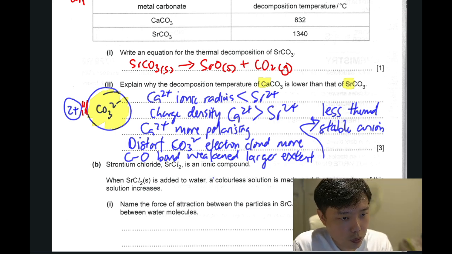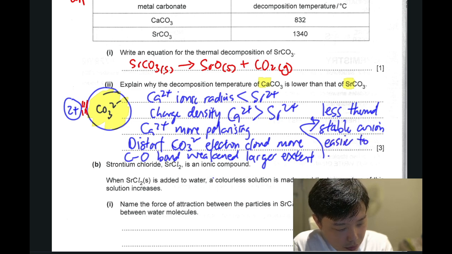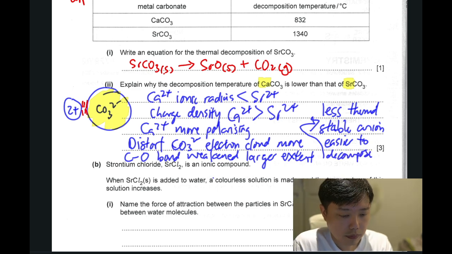This will mean that it's easier to decompose. All right, so that is it for question 1, part A. Please let me know if you have understood this part.